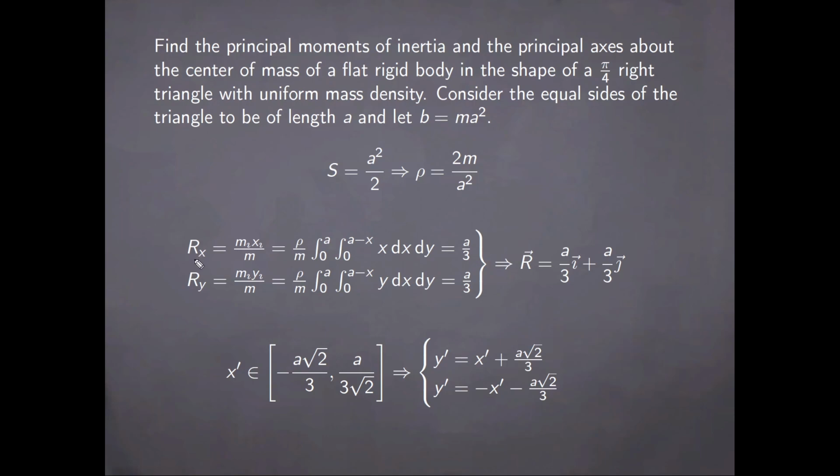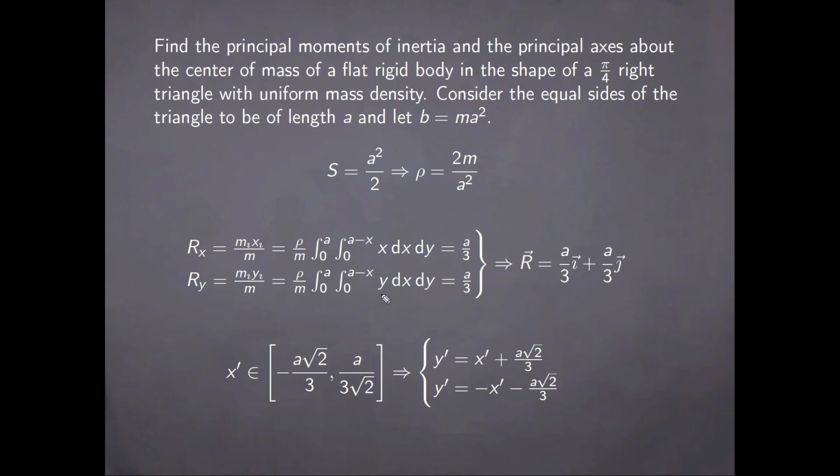And then you can calculate the components of the coordinates of the center of mass of the triangle just through the standard definition, following with the basic integrals here. So you're just integrating over the mass and the coordinates, and you will obtain these two values. So the radius of the center of mass is given by the value here.